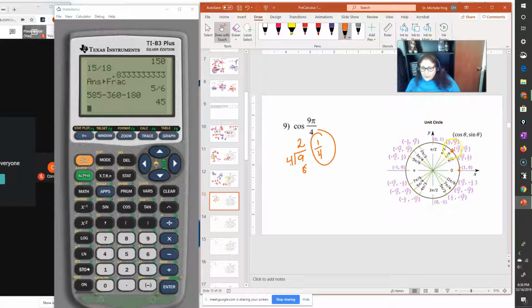So here's 1/4, 2/4, 3/4, 4/4, and then we just keep going. 5/4, 6/4 is down here, 7, 8, and then I get my 9/4. So this is the reference line I care about, which is the square root of 2, like this. It wants cosine, so it wants the x value. And look at, it says it right here, the first number. So the answer is the square root of 2 over 2.